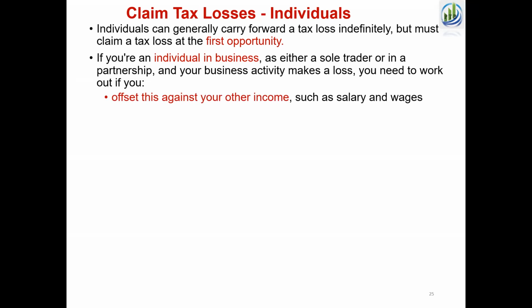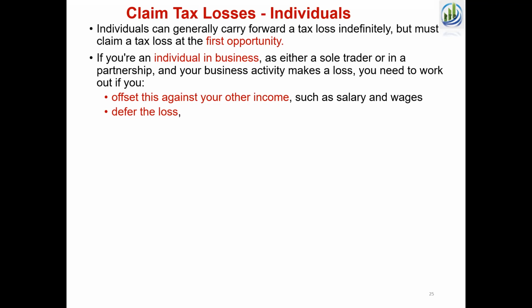But if you do not meet those criteria, you cannot offset. You carry forward to future years, and whenever you make income from that business, you can offset, same as I discussed previously.